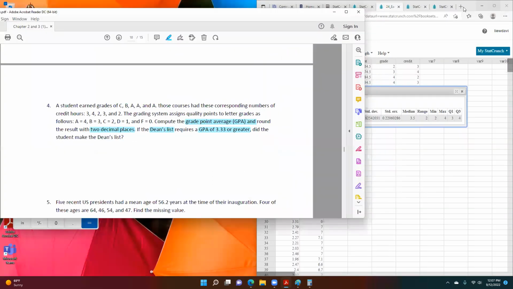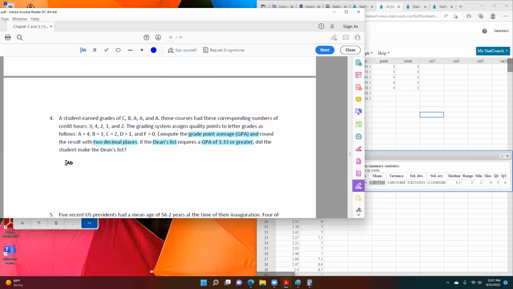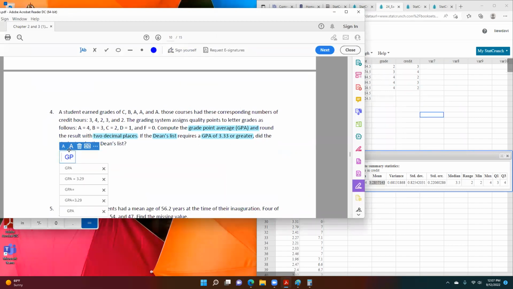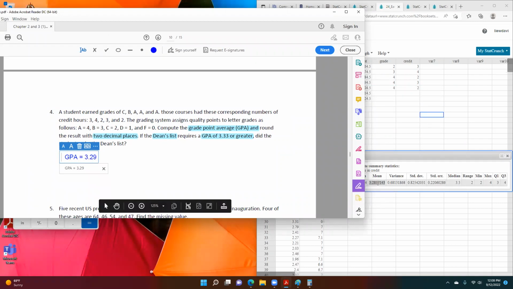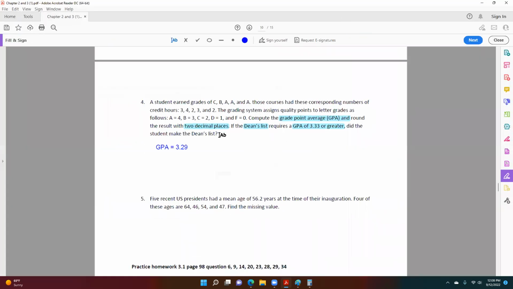And this question wants us to round your GPA to 2 decimal places. So your GPA for this question is 3.29, because 3.285, the 5 is big enough to round. So it's 3.29. And the question asks, does the student make it to the dean's list?